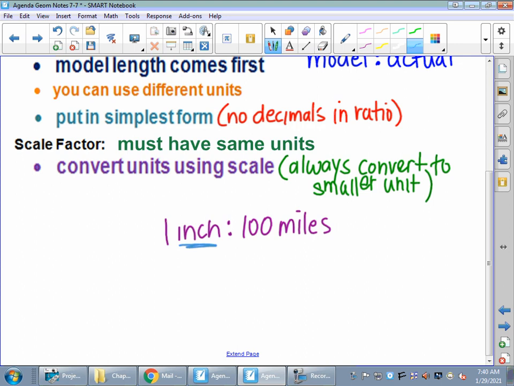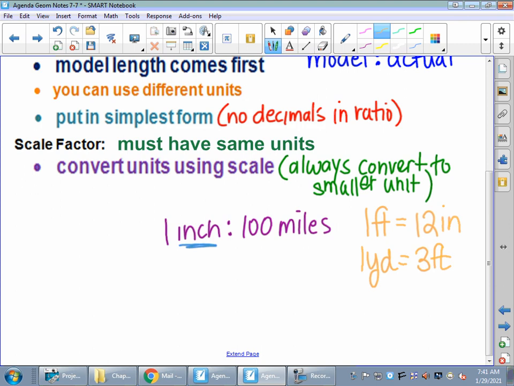So now here's the question. Do you know your conversions? We know the simple ones, right? Like 1 foot is 12 inches. How about a yard? You know how many feet are in a yard, right? 3 feet in 1 yard.